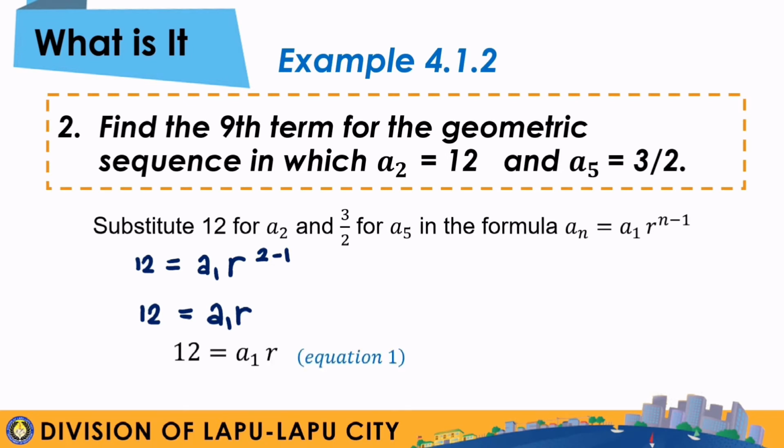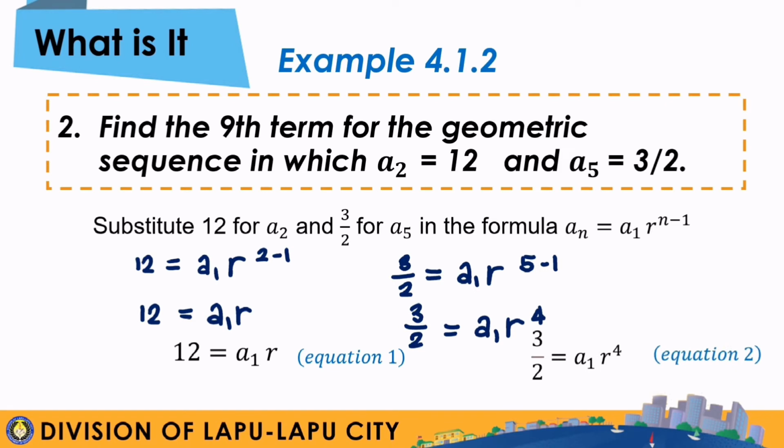So this will be our first equation. For the 5th term, that would be 3/2 equals the first term times r to the exponent 5 minus 1. Or we can also write this as 3/2 equal to the first term times r to the exponent 4. And this will be the second equation.